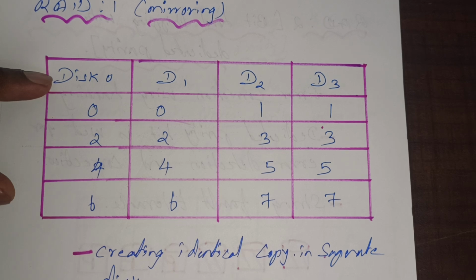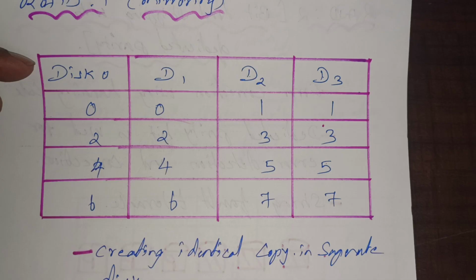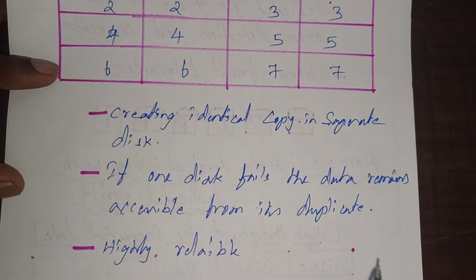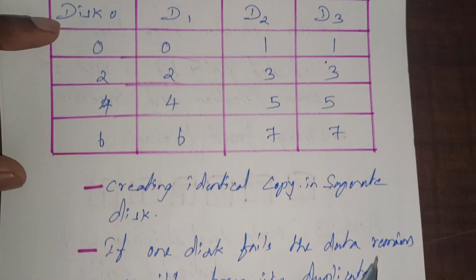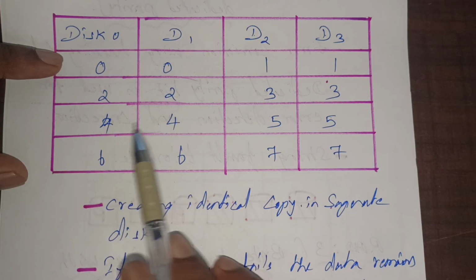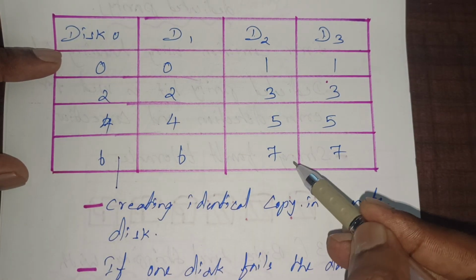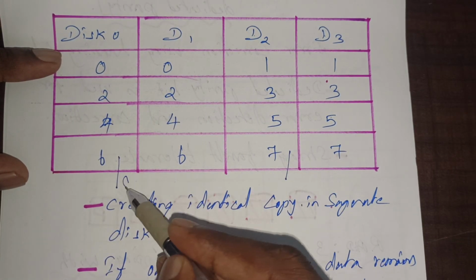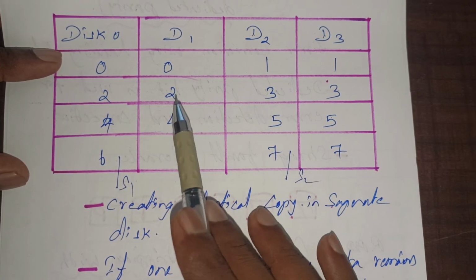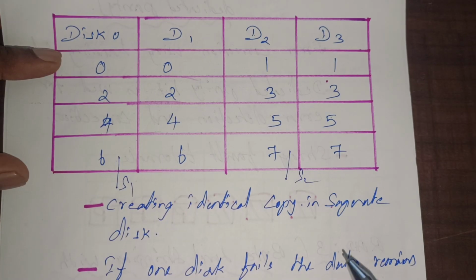Here you can see the limitation. Benefits you can see much here. What is the limitation? That is the disadvantage. It is highly expensive. See here, we have only two sets of data, this is set 1, this is set 2, but for these two sets of data, we use two sets of duplicate disks to store.